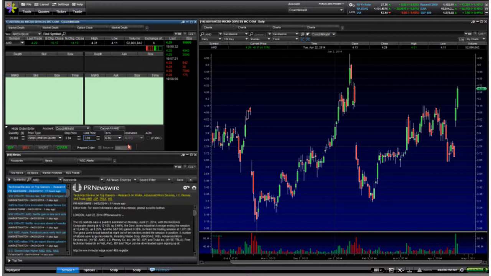What type of stop order could I enter to guarantee I won't sell too far from the top, or at least if it pulls back further than a certain point, I won't have to suffer through that? A trailing stop. For a trailing stop order, for the price type, I can just go over here and select trailing stop, and I can either do it by a dollar amount or a percentage amount. I like to do it by a percentage amount.